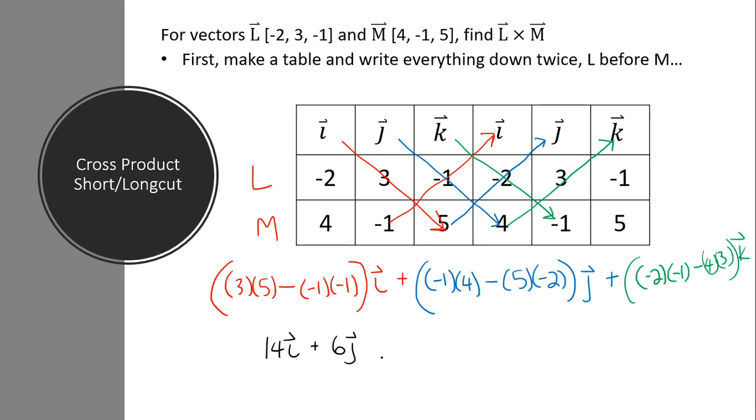And then it looks like 2 minus 12, -10. Or 14, 6, -10. So a vector that is perpendicular to the plane created by L and M is going to have this direction.